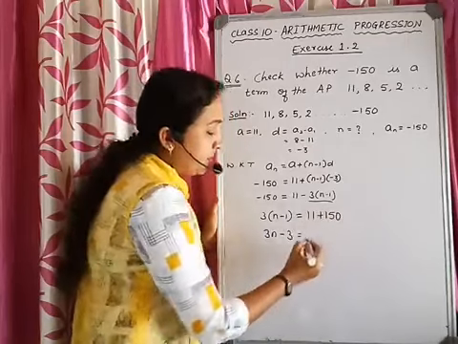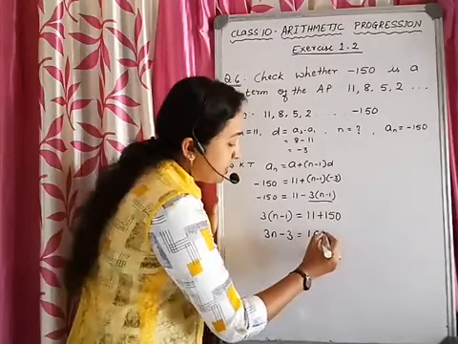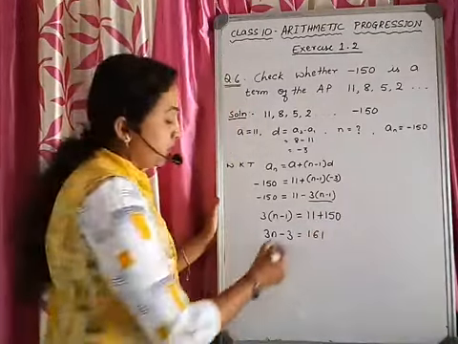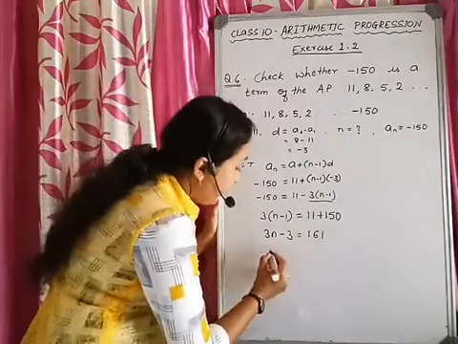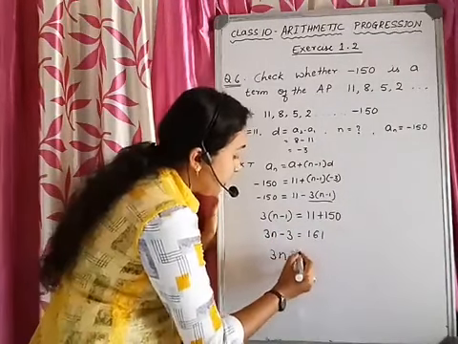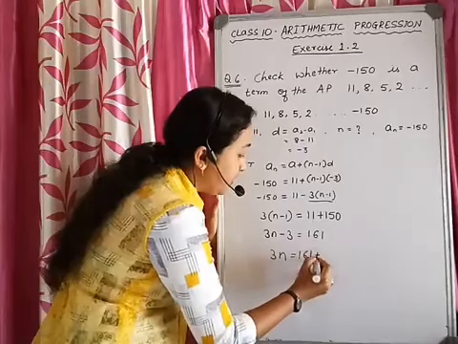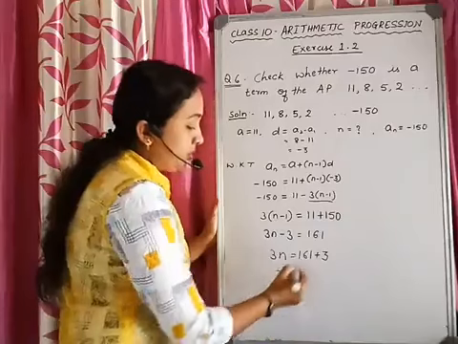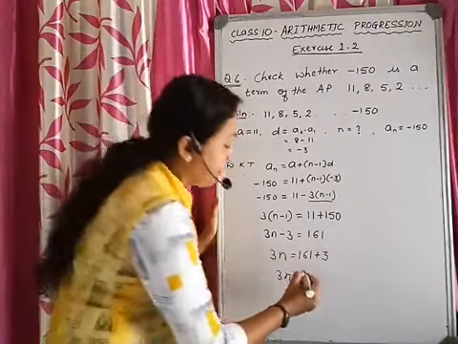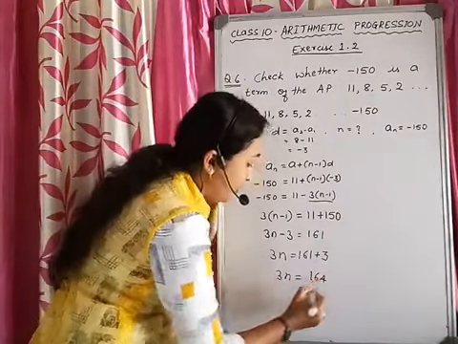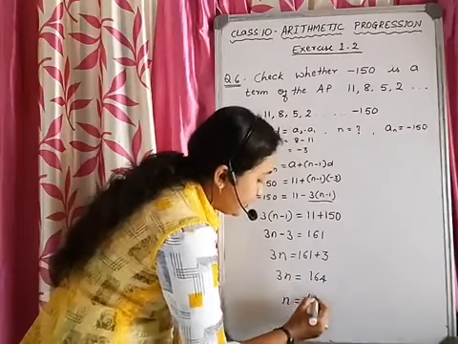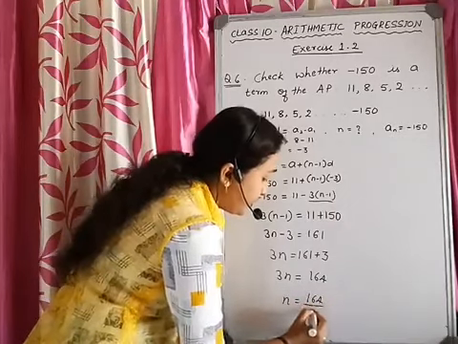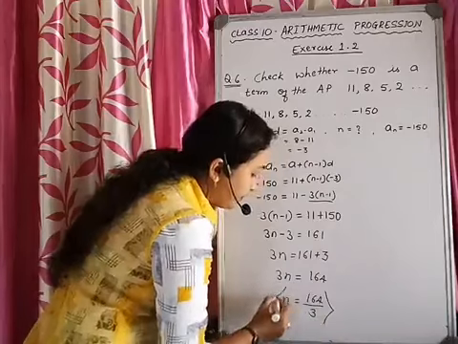So 11 plus 150, which is 161. So shift this minus 3 to that side and this becomes 3n is equal to 161 plus 3. So 3n is equal to 161 plus 3, 164. So n is equal to 164 divided by 3.